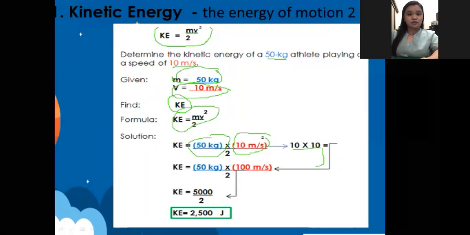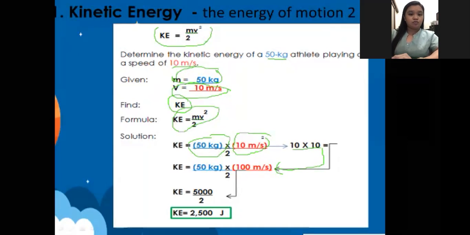The answer will be 100. You just need to repeat 50 kilograms on this part, then write 100 meters per second and divide it by 2. The answer for 50 times 100 is 5,000.